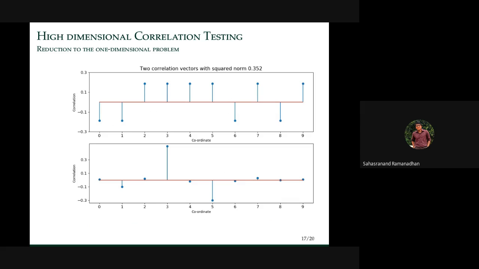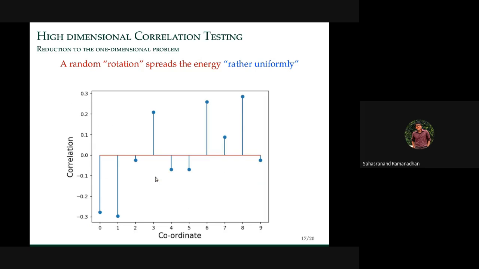So what does this random rotation do? This random rotation is basically a matrix with random entries, plus ones and minus ones, normalized to make it orthonormal, and you multiply the observations with that matrix. So what happens to the correlation is that this bottom figure turns into something like this.